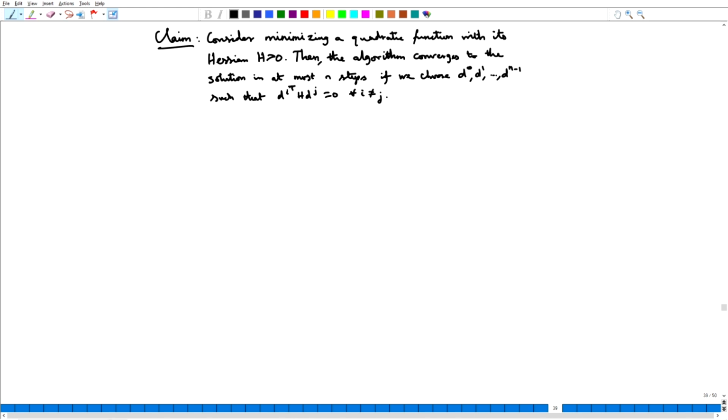Of course, it has to be used with exact line search, and exact line search is used at each iteration to compute the step size.